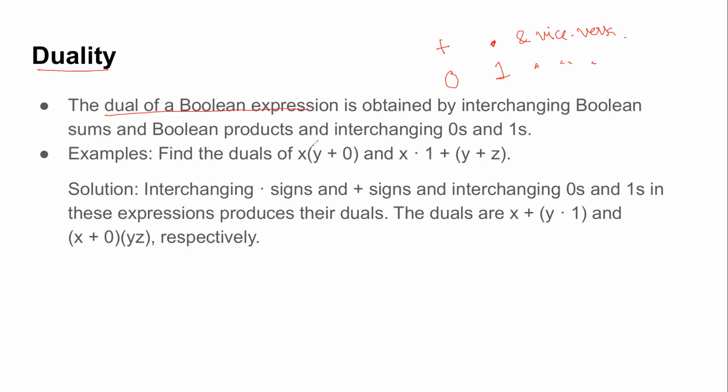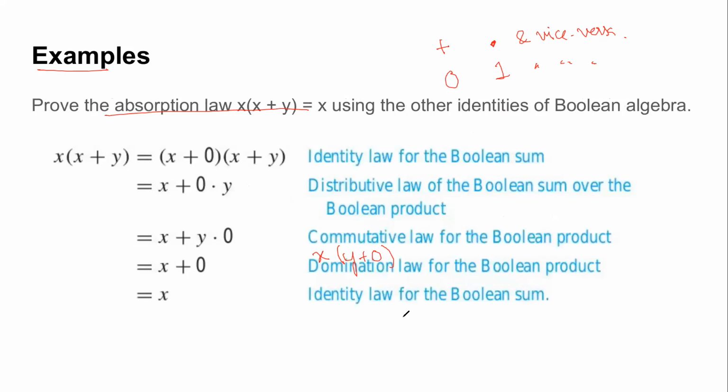Like for example, if I have these two examples, I have a Boolean product of x into y plus 0. If I have to take its dual, how do I find the dual? Let me bring it here so that you can try and not see the answer. Can you try the dual for this?